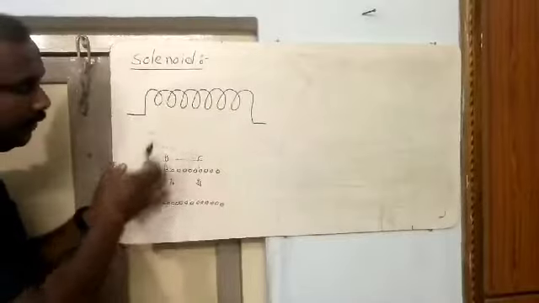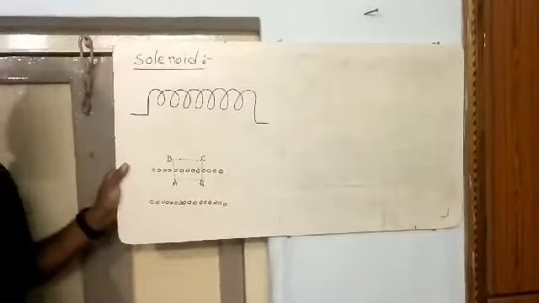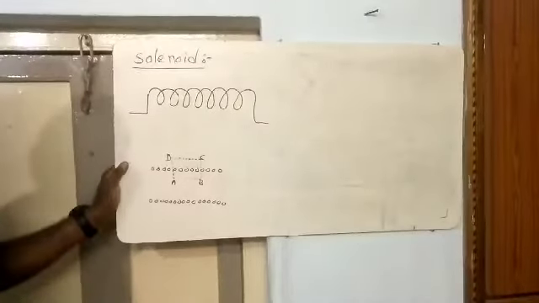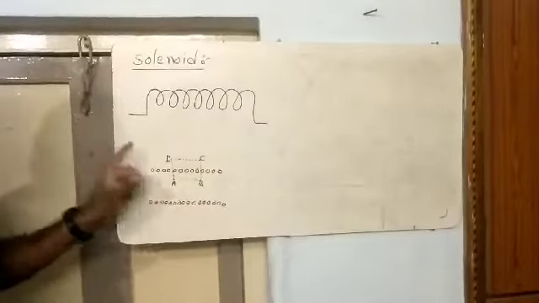Now if we want to find the total magnetic field due to this solenoid, then I have to sum up these 4 parts.